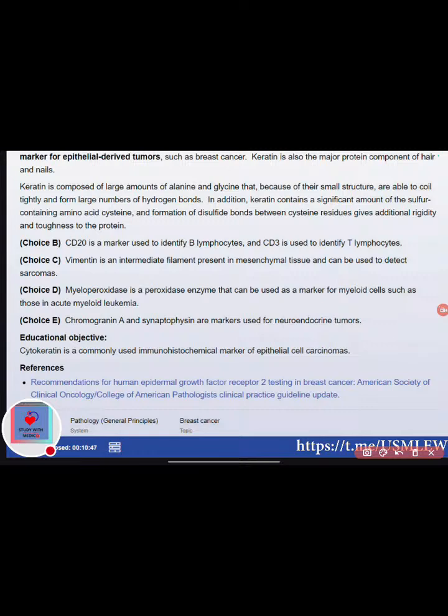Myeloperoxidase is a peroxidase enzyme that can be used as a marker for myeloid cells, such as in acute myeloid leukemia, AML.